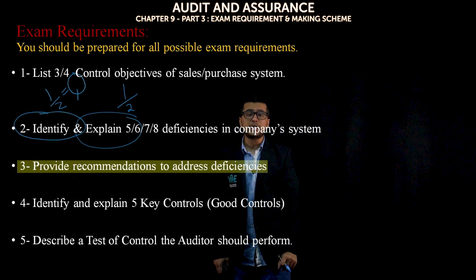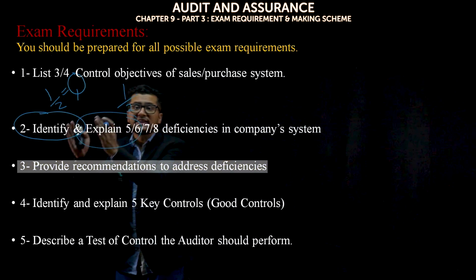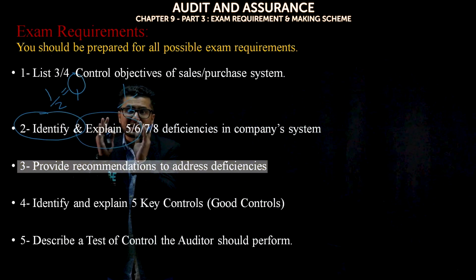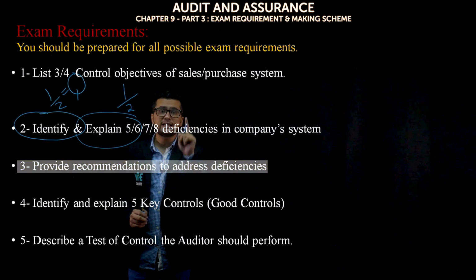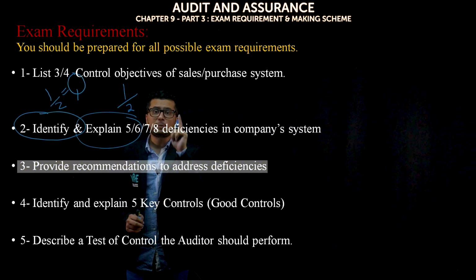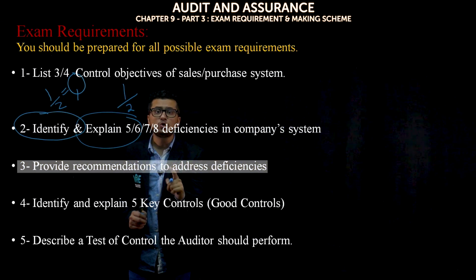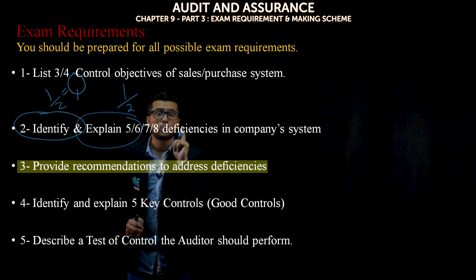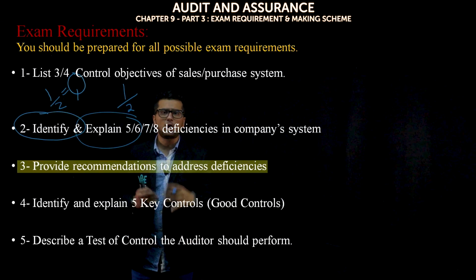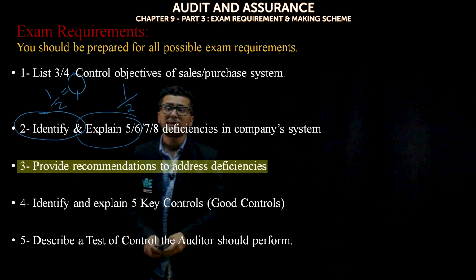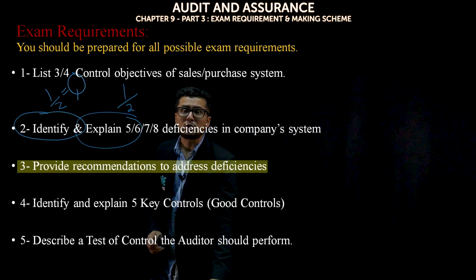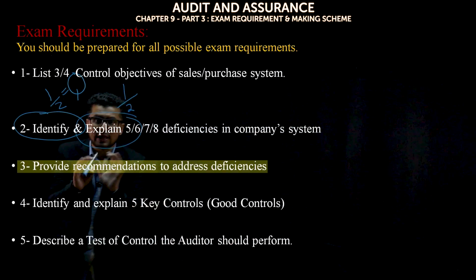The examiner now expects that if you have identified the deficiencies and explained them, you as a student, as an external auditor, should be that much skilled that you should be able to address those deficiencies. Now, what do we mean by that? It means you should be able to come up with recommendations.